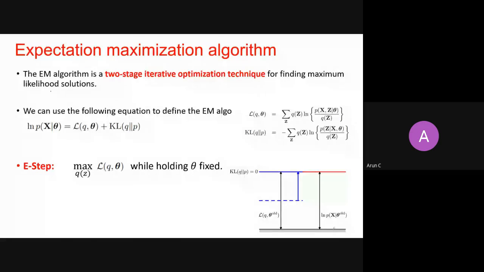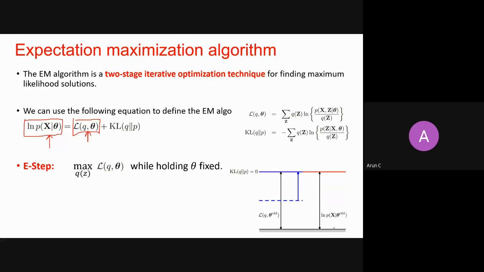So how expectation maximization you can see is this way. You want to maximize this thing. So I'm trying to maximize the log likelihood of x because I know this is a lower bound for the log likelihood.